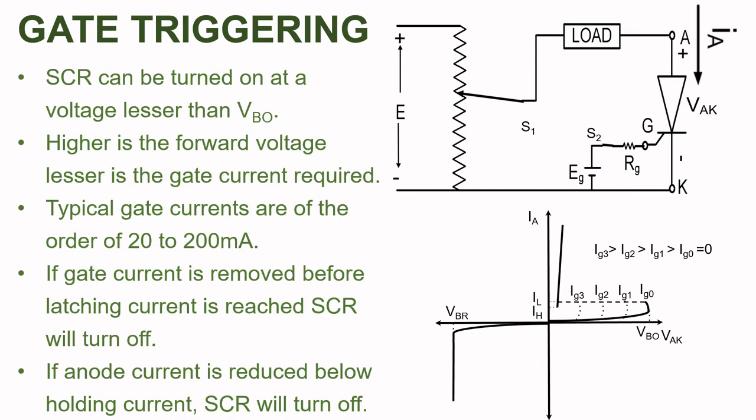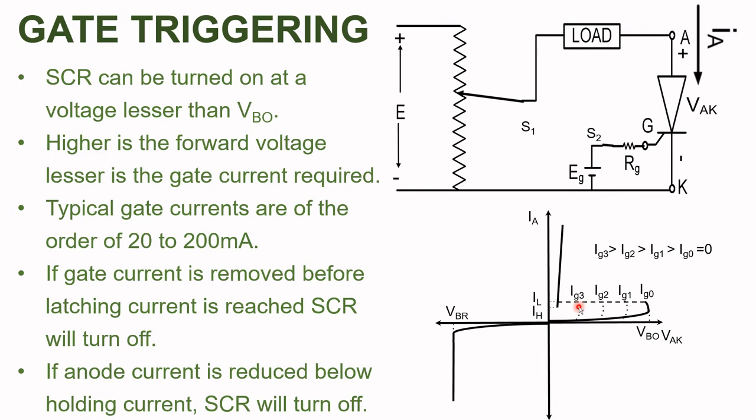From the VI characteristics, we can see that the forward voltage is related to the gate current. If the forward voltage across the SCR is high, then the gate current required for turning on the SCR will be low. This can be seen from the values of gate currents in the VI characteristics.